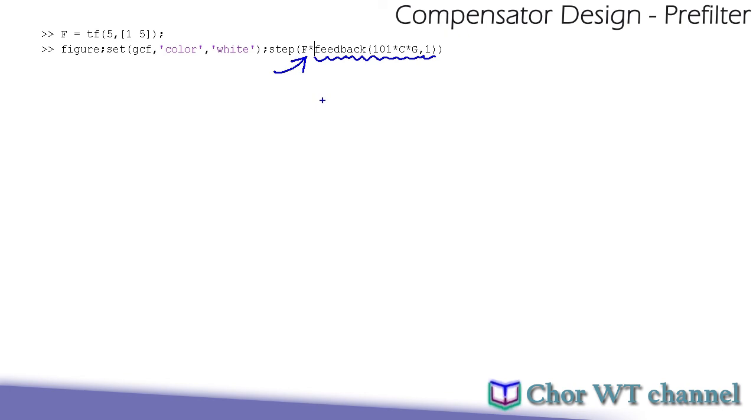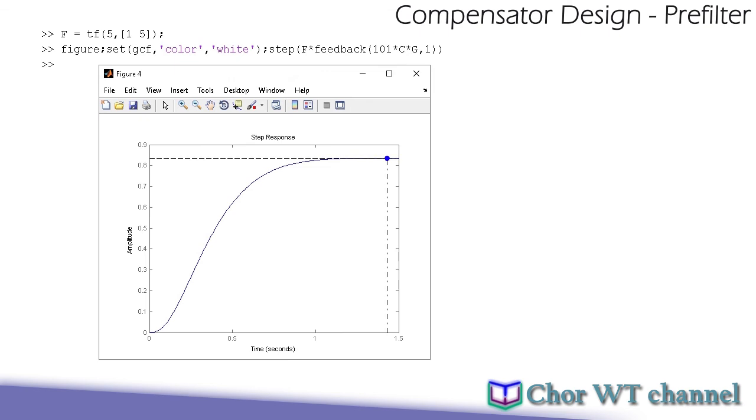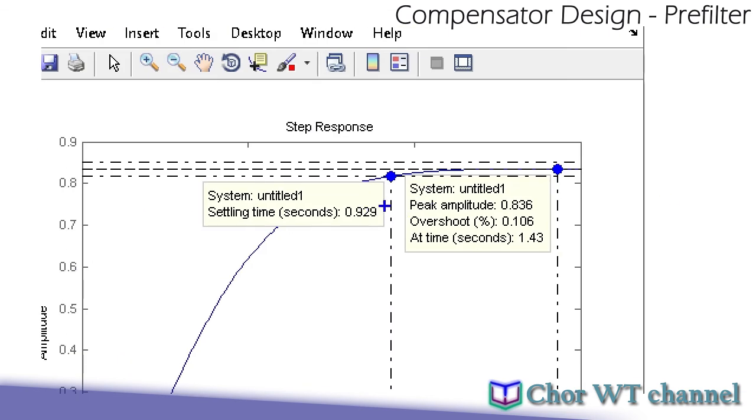Remember, earlier we predicted that my maximum overshoot should be somewhat close to 0.1%, and my settling time should be somewhat close to 0.8 seconds. So you can see clearly now the settling time as opposed to earlier, and also our overshoot as opposed to the earlier result is getting much closer to what we have predicted.